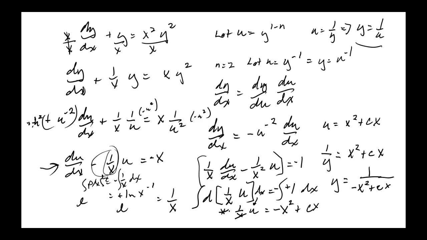So, back to the original equation. That makes perfect sense too, because remember the original equation was x dy/dx. Well, guess what? If x was 0, you wouldn't even have a differential equation here. So that would make perfect sense for x not to be able to be 0.